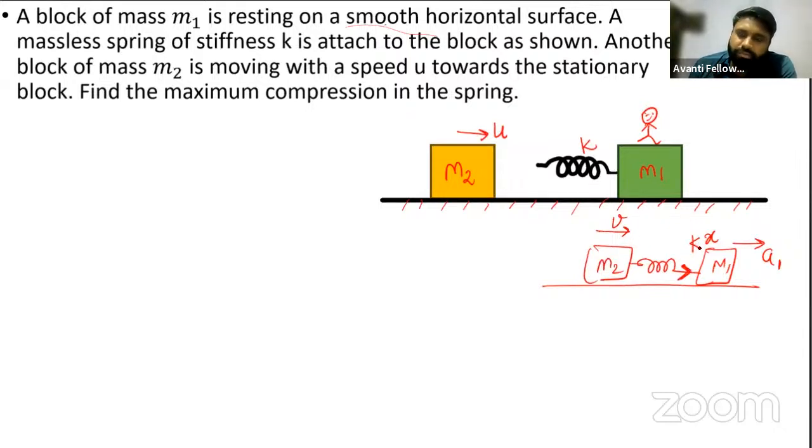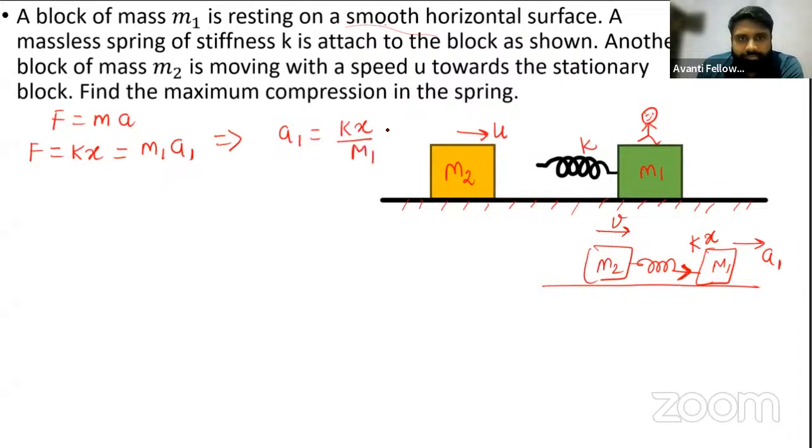So this force kx is acting on this block m1. So F equals ma for the m1 block. F here is equal to kx, which equals m1 a1. So you can say that a1 here is kx over m1. So this is equation number 1.